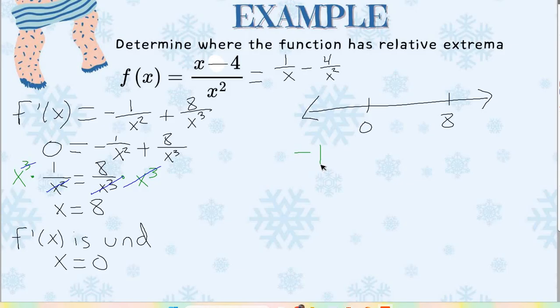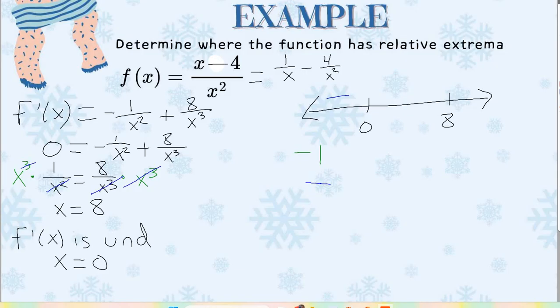A positive 1, but I also have a negative out front already, so this would be negative 1. Agreed? Now, if I cube it, what will that become? Negative. So then I would have negative 1 minus 8, which will be what? Negative. We're okay with that.